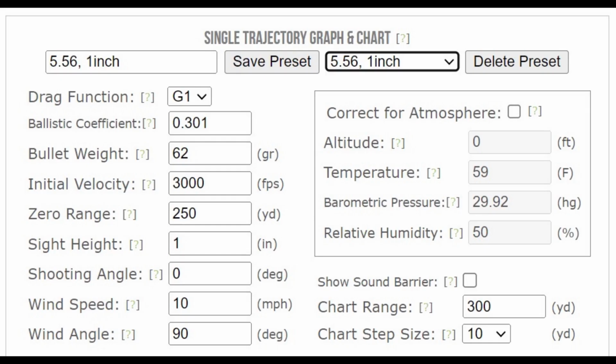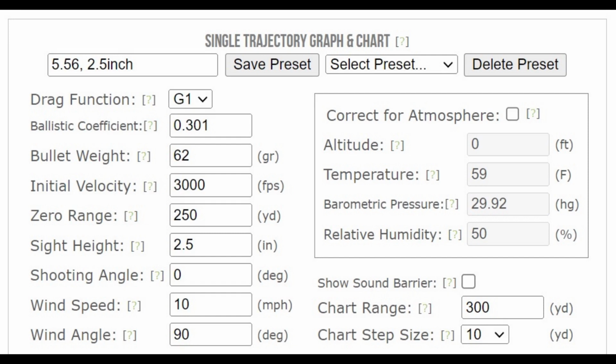To illustrate that this is in fact due to the design of the firearm itself, specifically the height of the sight above the line of bore, we're going to compare two rifles firing the exact same cartridge. The first is going to show the trajectory of a rifle shooting 5.56 NATO. This would be basically like M855 ball, with a rifle that has the line of sight 1 inch above the line of bore, rather like the M14.